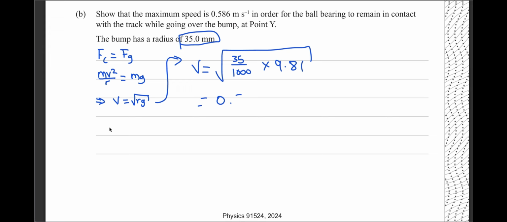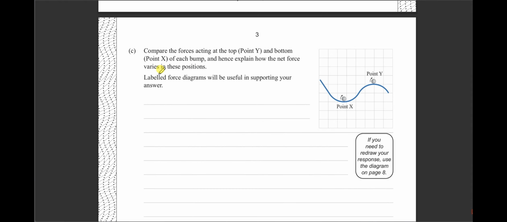Now I get 0.58596, and so on, meters per second. And then to three significant figures, that would become 0.586 m/s. There we go. Okay, cool. Let's move on to the next one.